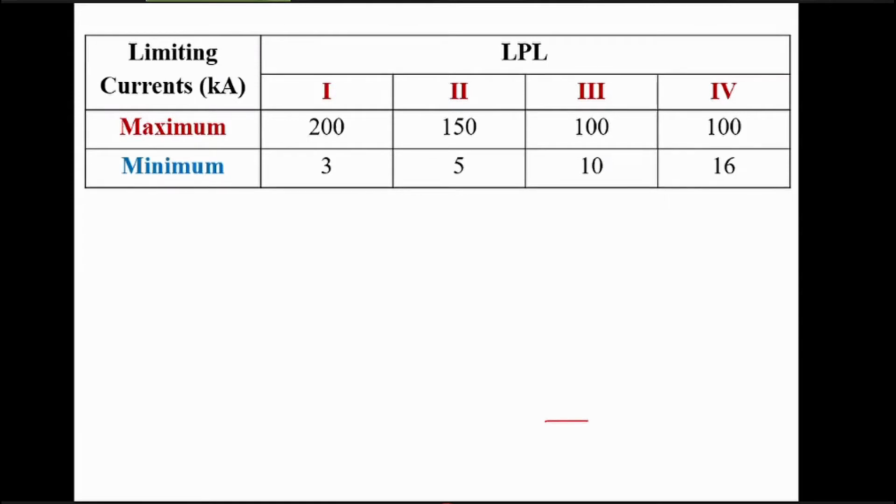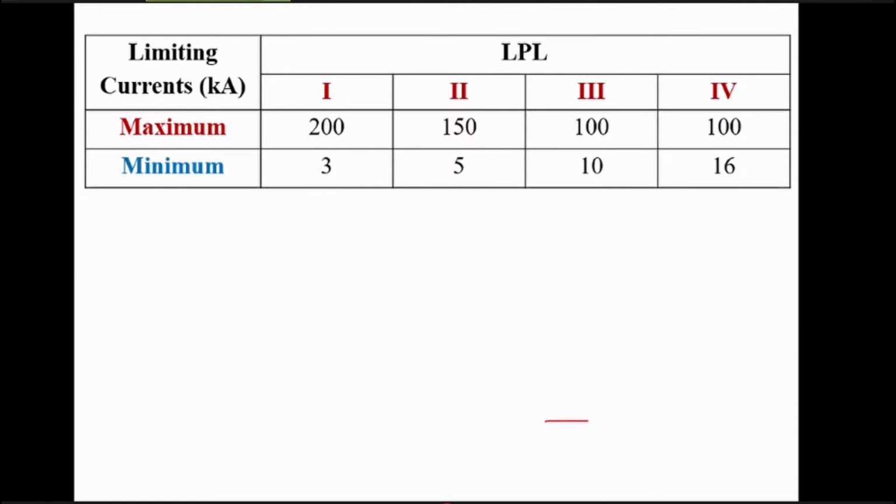That means if you take level 1 protection, the maximum current that this system can withstand is around 200 kiloamperes. And at the other end, it is 100 kiloamperes.